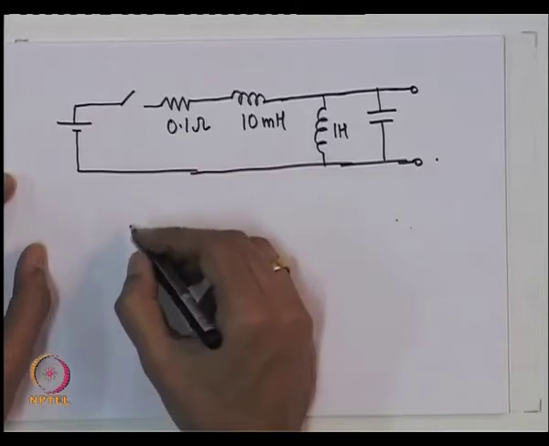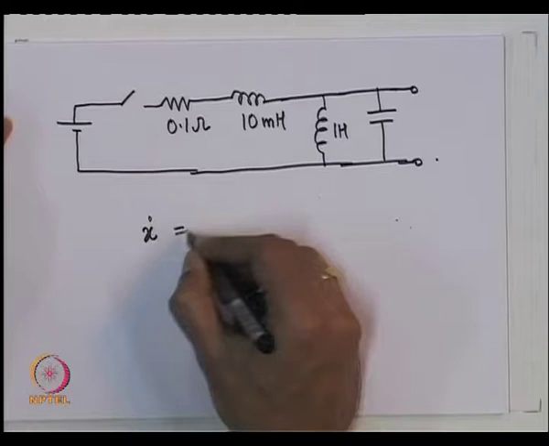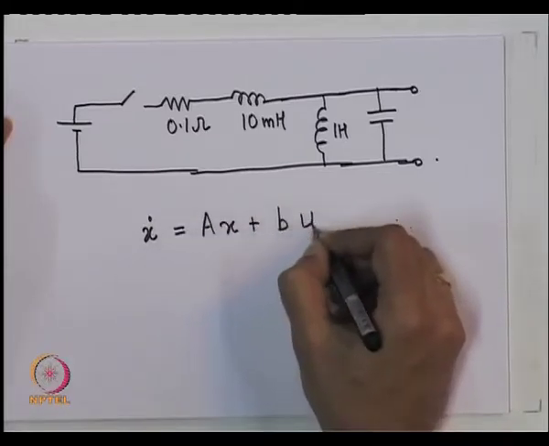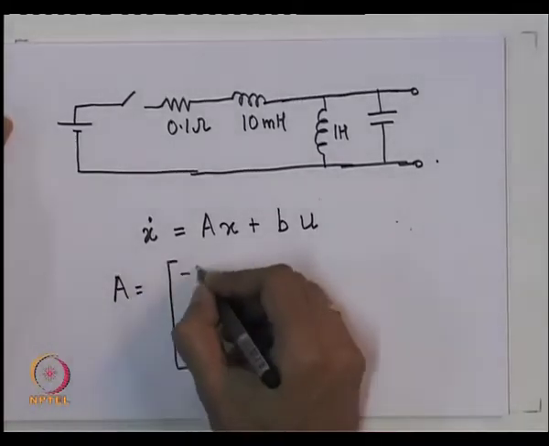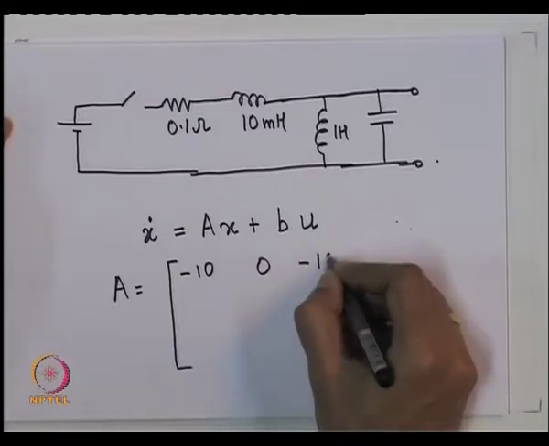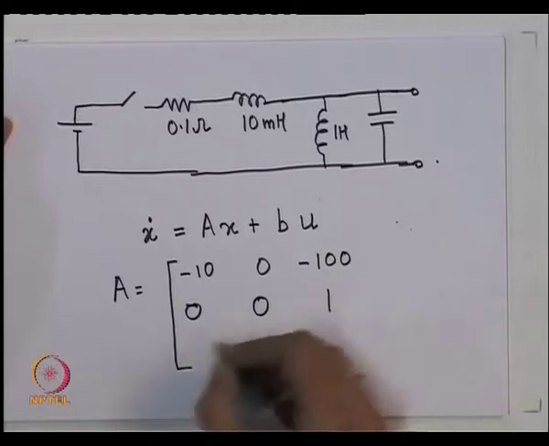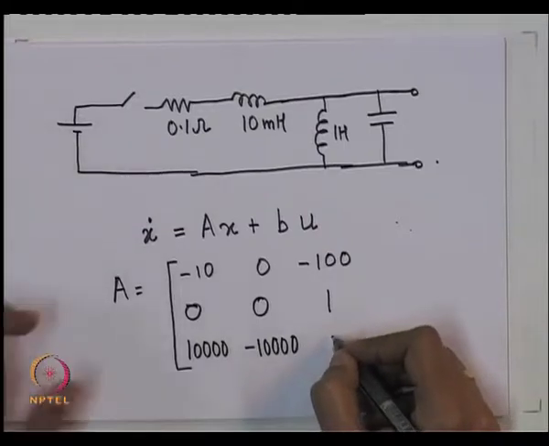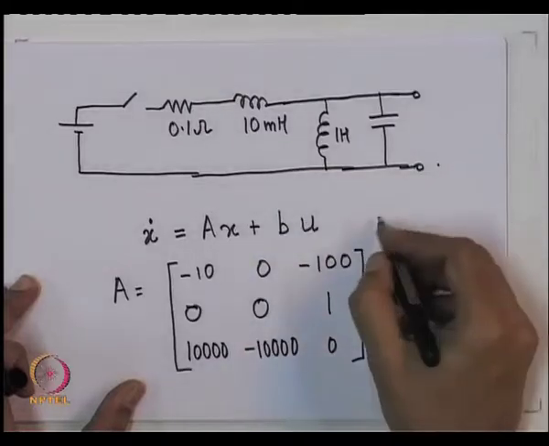The system is a linear system and we can write down the differential equations in this form, where A is and B is.